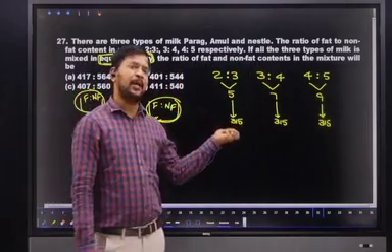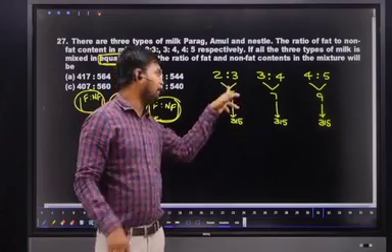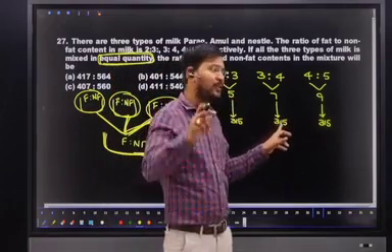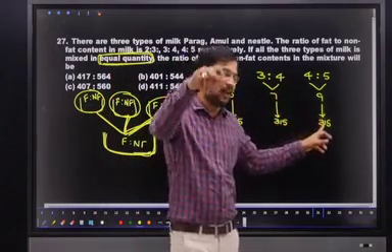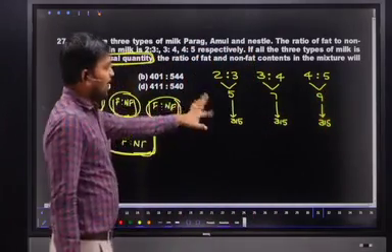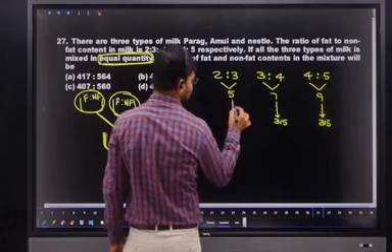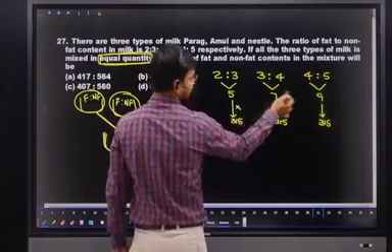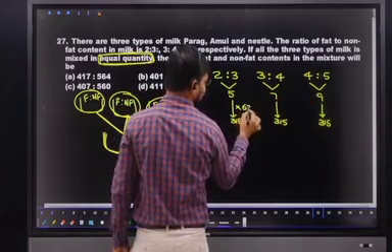Here this 315 liters is in the form of 5 parts, here 315 is in the form of 7 parts, and here 315 is in the form of 9 parts. So 5 parts is 315. Then each part is how much? 7 9s are 63. Each part is 63.